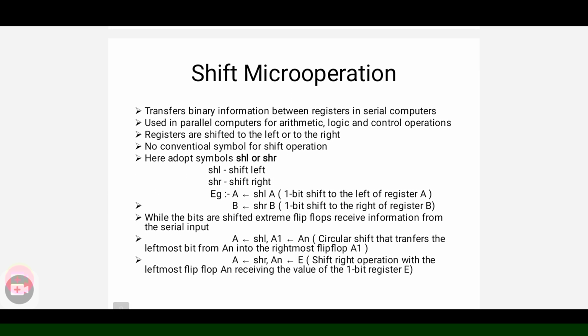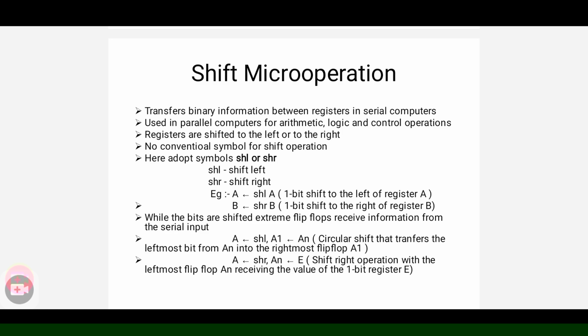The next one is shift micro operation. It's actually a part of logic operations. It transfers binary information between registers in serial computers, and it's used in parallel computers for arithmetic, logic and control operations. Actually, shift micro operations are used to shift the bits within a register.